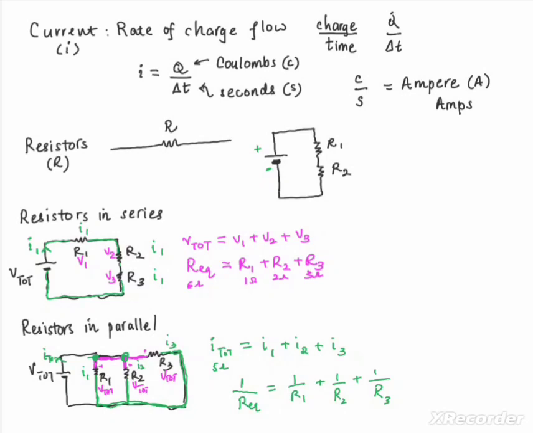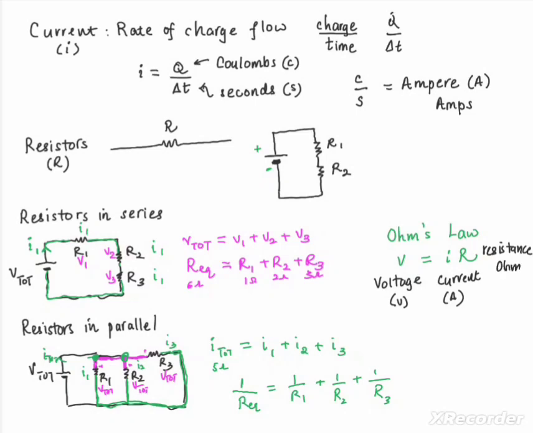Now let's look at something called Ohm's law. This says V is equal to I times R. V here is voltage in volts, I is current in amps, and R is the resistance, and that is in ohms.